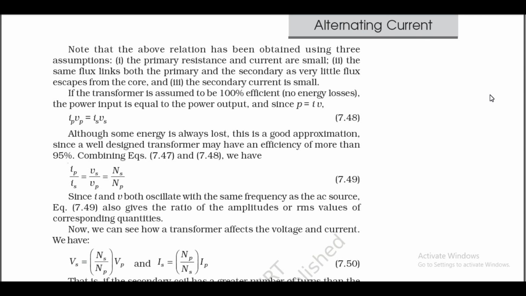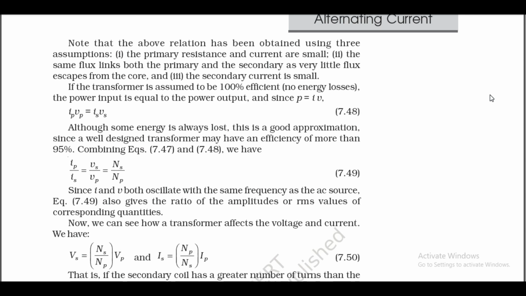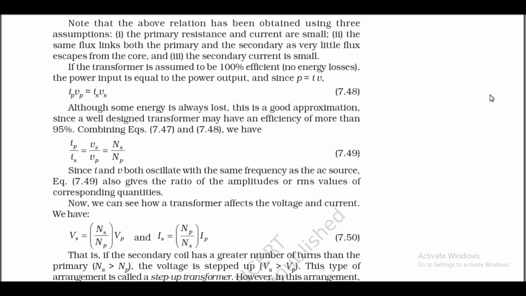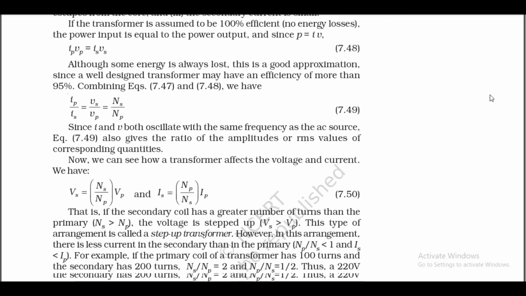Combining equations 7.47 and 7.48, we have Ip by Is is equal to Vs by Vp is equal to Ns by Np. Since I and V both oscillate with the same frequency as the AC source, equation 7.49 also gives the ratio of the amplitudes or RMS values of corresponding quantities.